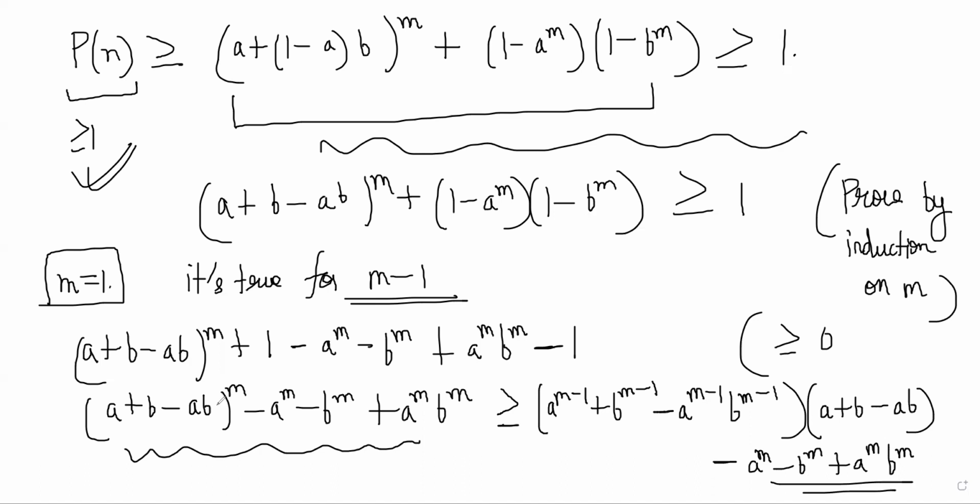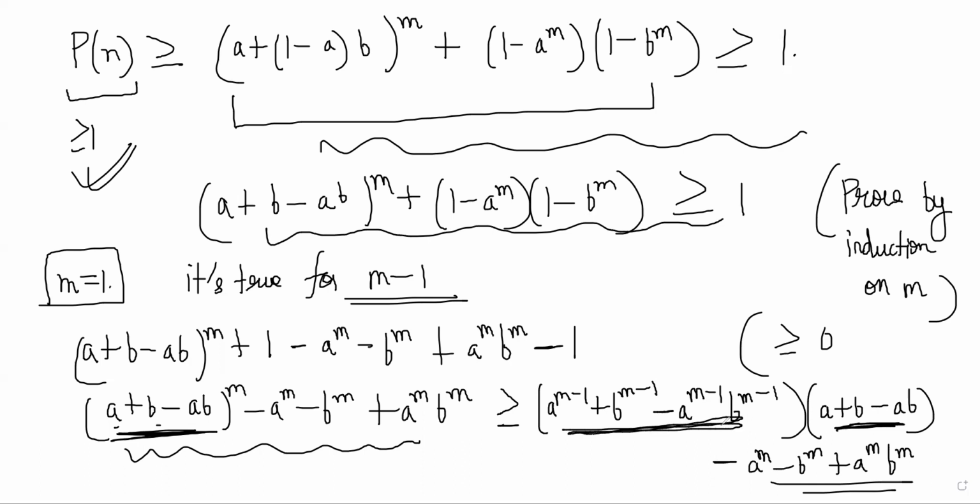What have I done here? I have split this into two parts. I have written it as (a + b - ab)^(m-1) multiplied by (a + b - ab). But I already know that this situation is true for m minus 1, right? So we know that (a + b - ab)^(m-1) is greater than or equal to this. So I have replaced it with that and I have written it like this.